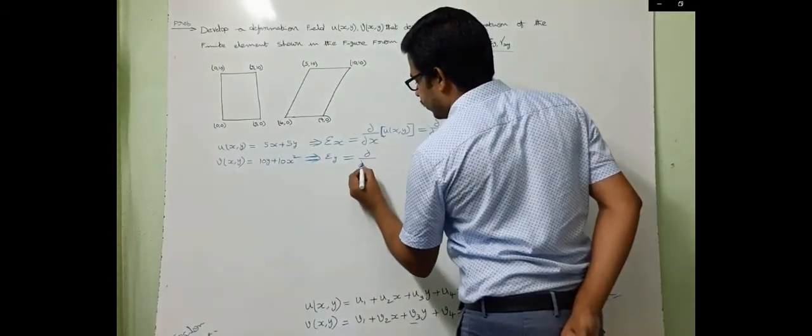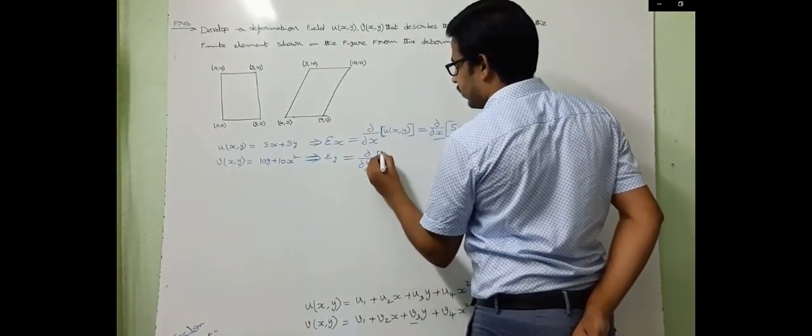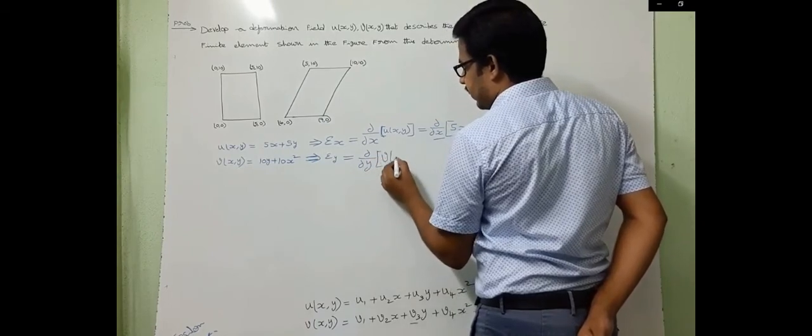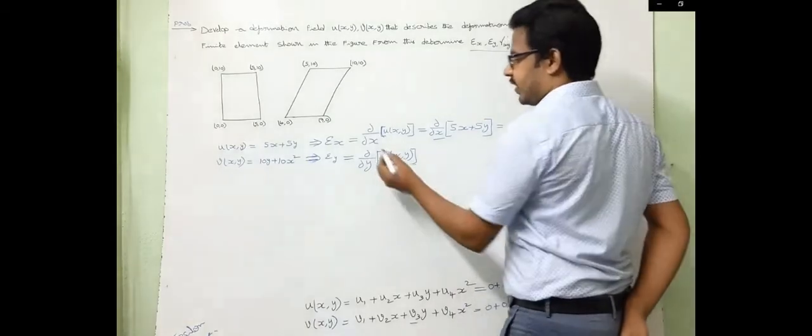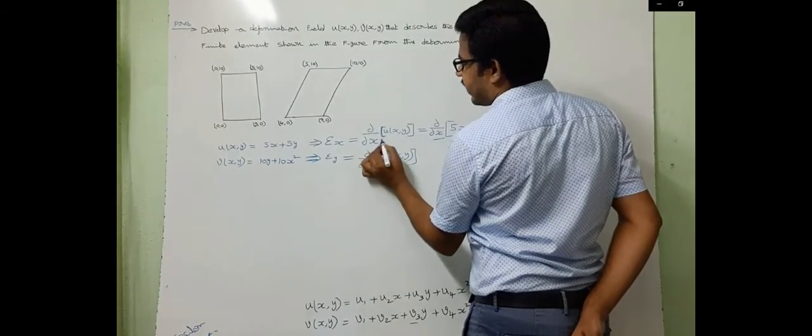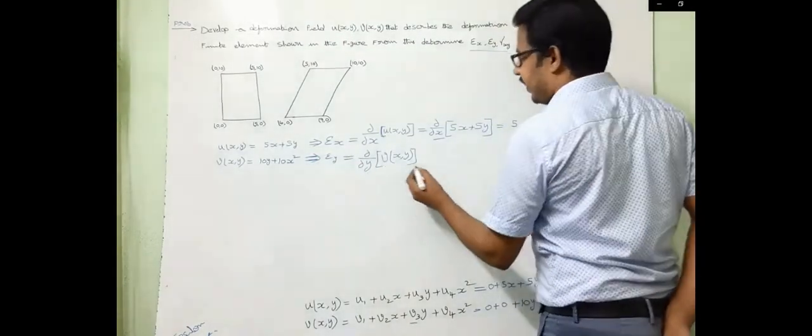So epsilon y is dou by dou y of v of x comma y. So here in the first equation, along the x direction displacement u, in the second equation along the y direction displacement v.